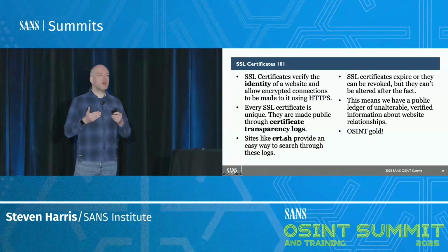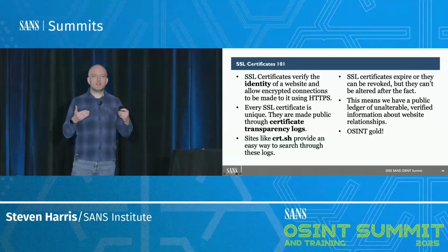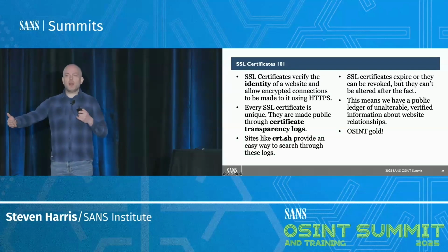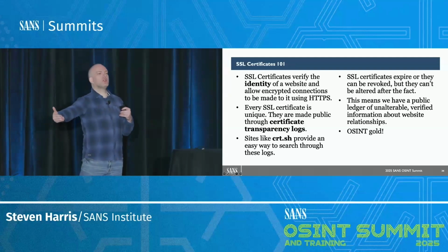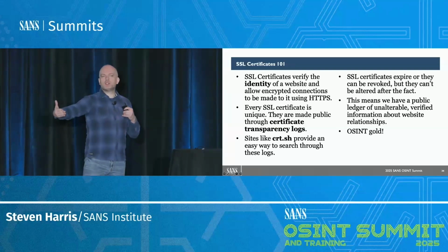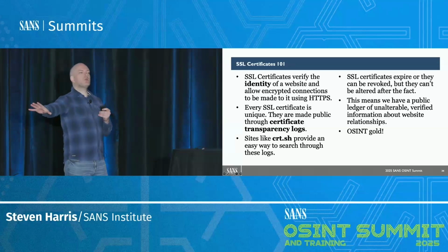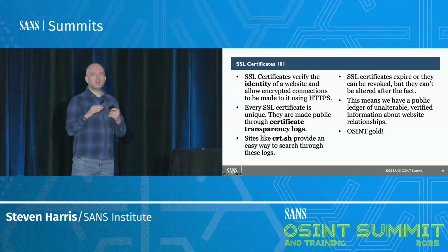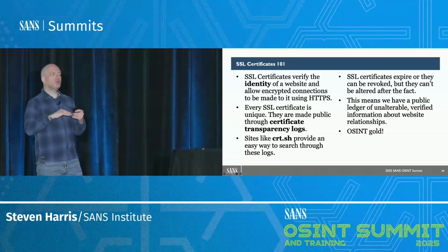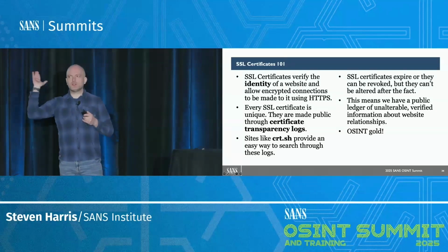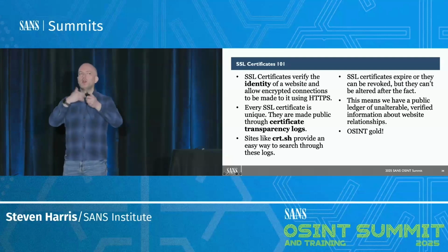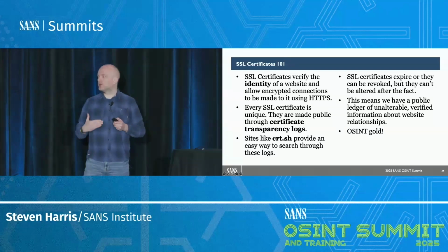Other great things about security certificates as a data resource is not only are they all made public, but once you have issued a security certificate, doesn't matter how malicious you are as a threat actor, it's out there, it's public. You can't alter what's been put out there. You can revoke a security certificate or you can issue a new one. But once you put it out there, as you'll see in our first case study, you can't wind it back in.